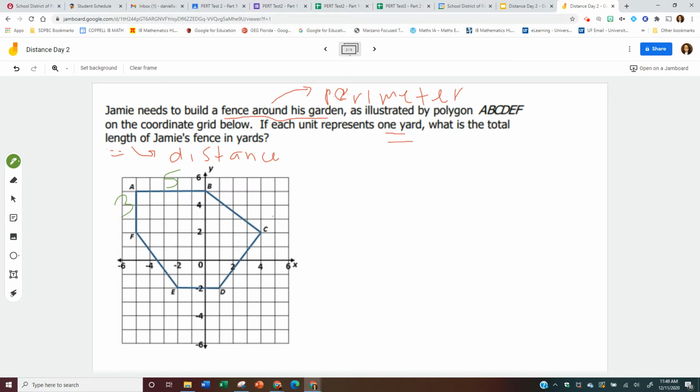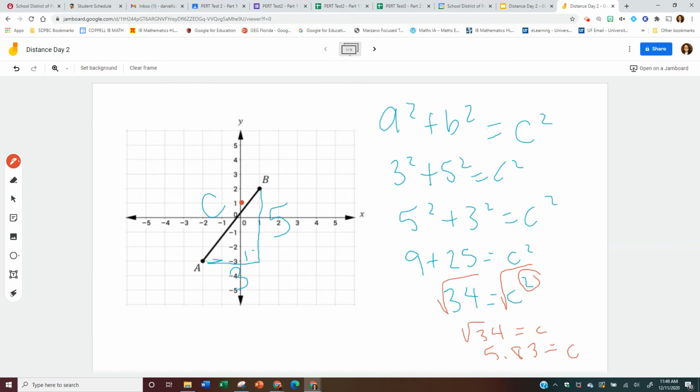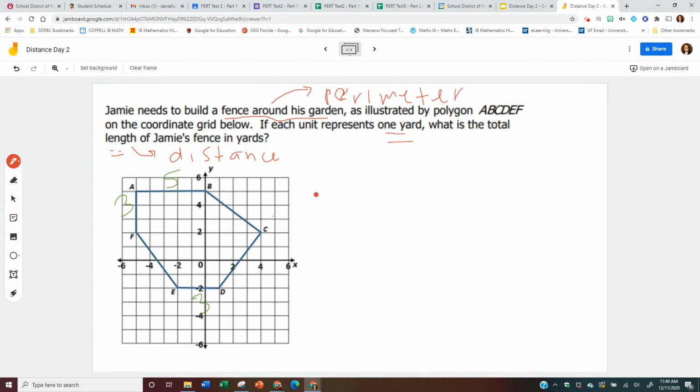And I can also count from E to D, which also is 3. So these are the ones that I can count. There are others that I cannot count. So anything that's like a diagonal, I cannot count. So for each one of those, I want to draw my triangle like I did on the previous example, which was the do now. I want to draw a triangle on the sides to figure out what the distance is. So let's do BC. Let's take a look at BC. So to do B to C, I'm going to draw my triangle.